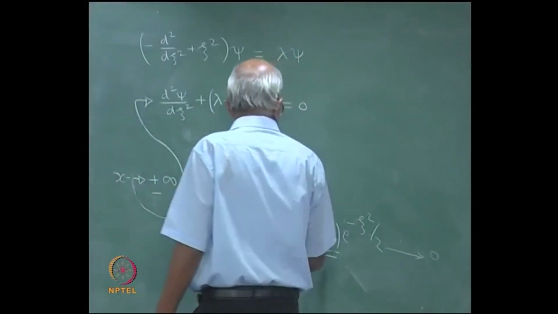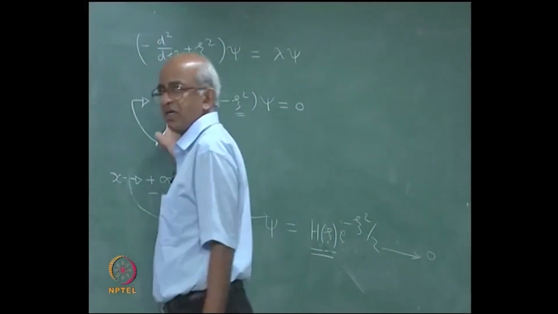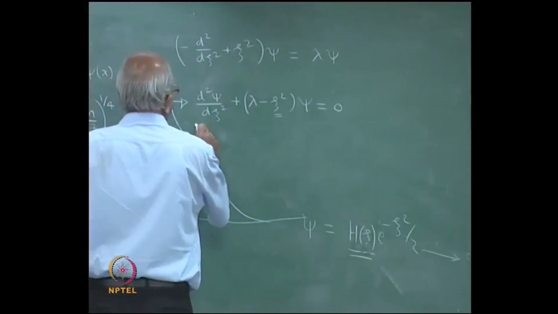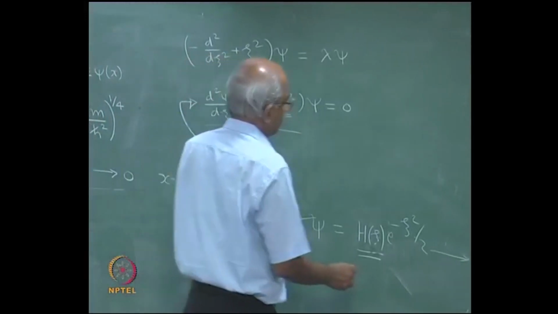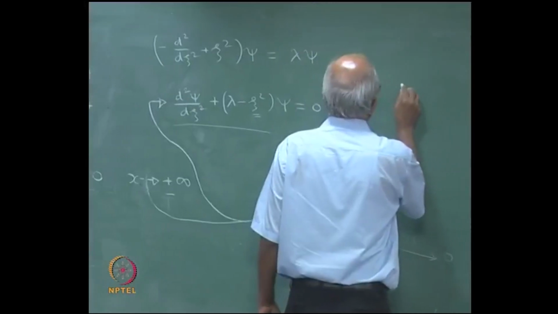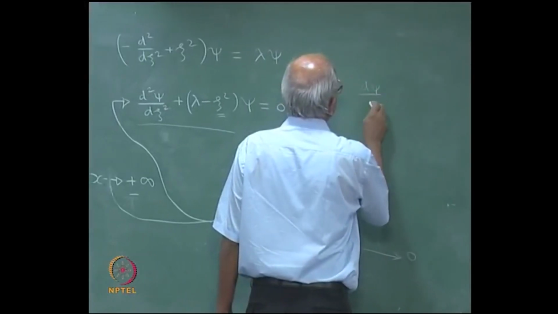So, let me now take this and put it in here and see what happens to this differential equation. To do that, let me first evaluate d psi by dc.